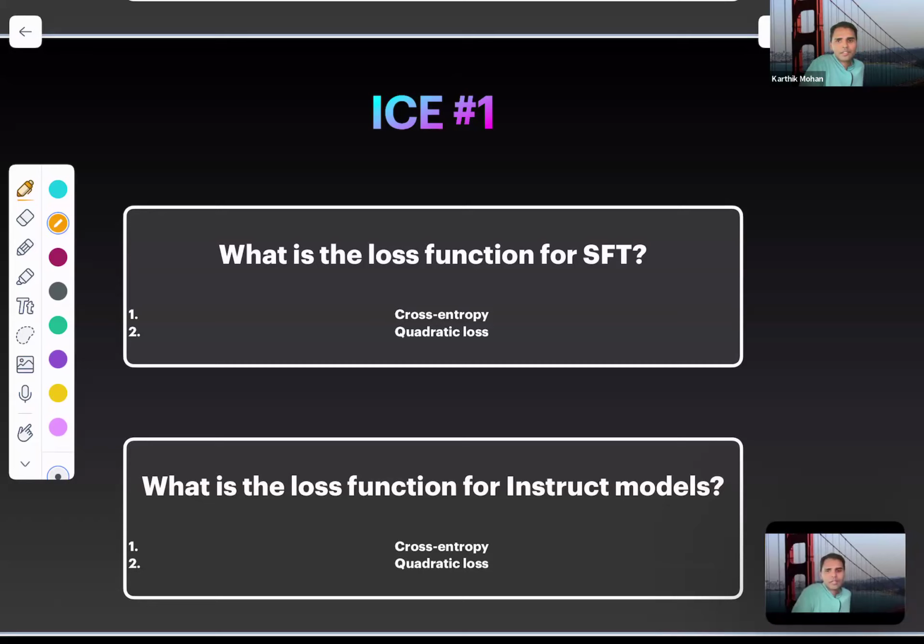When you compare at the token level, you're checking if that token was present in the output, so again it's multi-class classification. It's just that the number of classes in this case is, what would be the size of the classes in the multi-class classification for Instruct models?